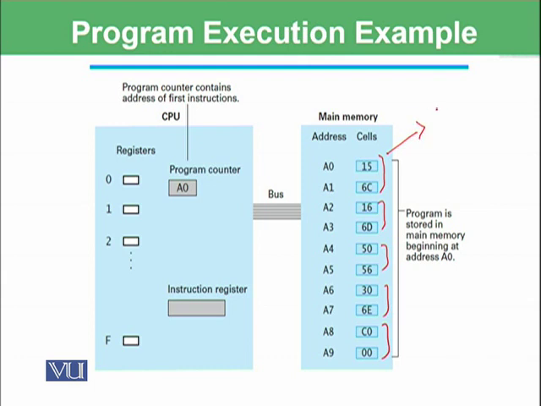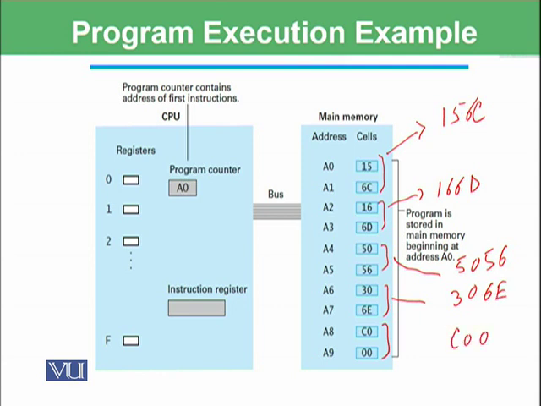So 156C is one instruction. Then 166D is another instruction. Then 5056 is another instruction. Then 306E is another instruction, and C000 is another instruction. So actually we have these 5 instructions available in our RAM.